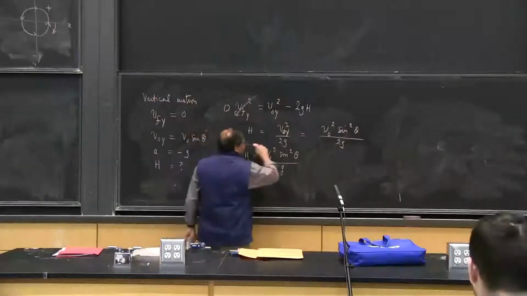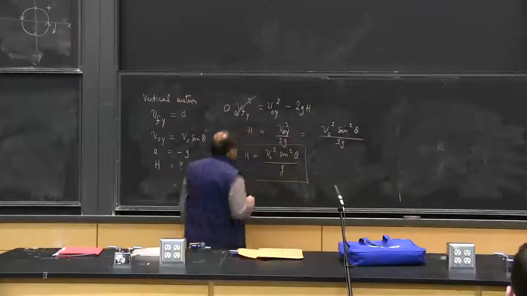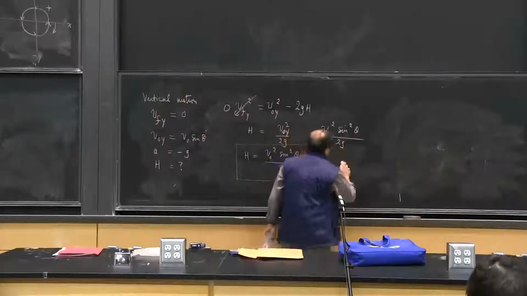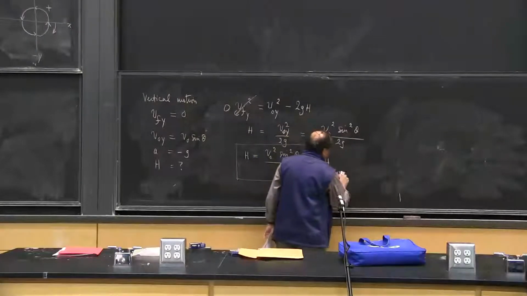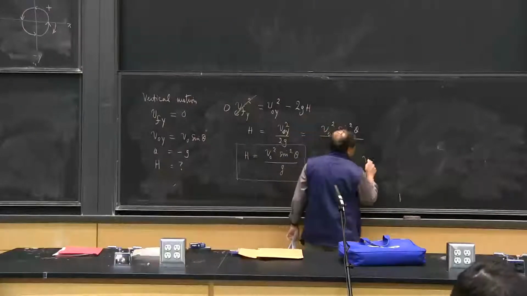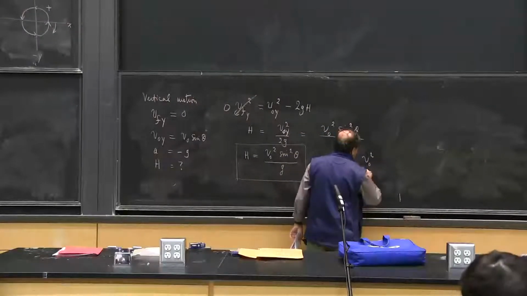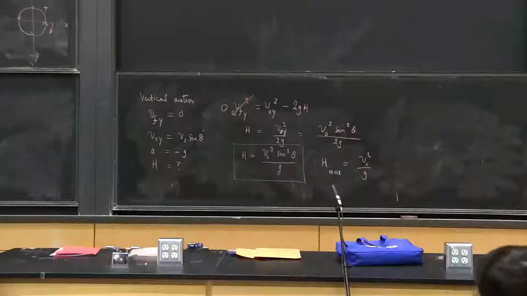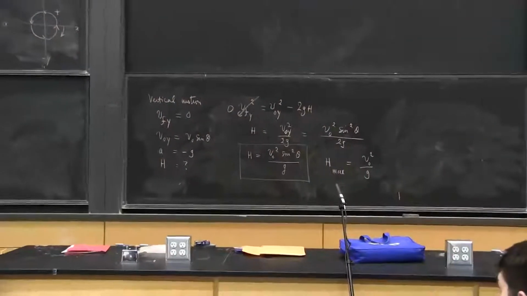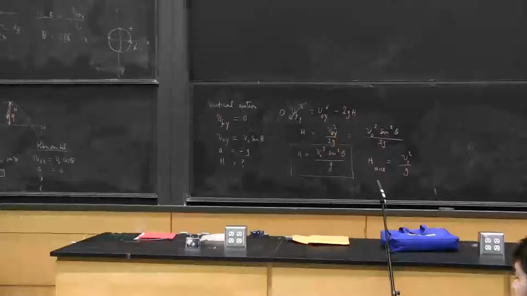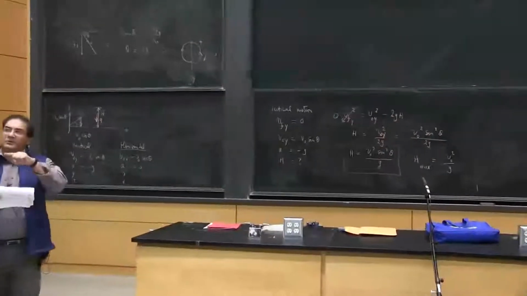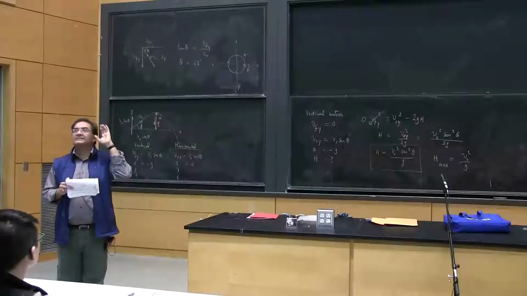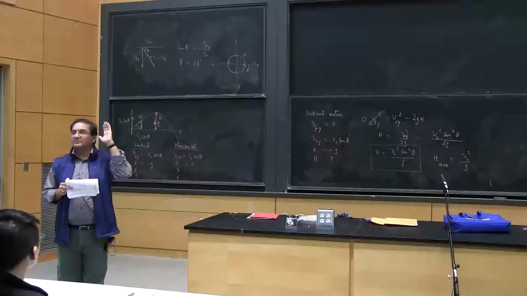So this is a formula that is interesting and important because it tells you something. It tells you that to get to the maximum possible height, let's say h max, I give it a name, that must be v0 squared over 2g, because the maximum value that sine theta can take is what? Sine theta goes between what and what? Don't give me the angle. 1 is one of them.